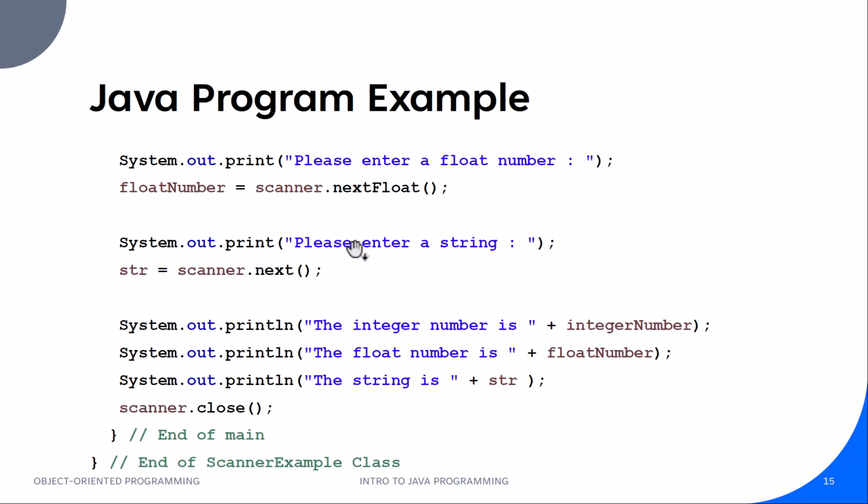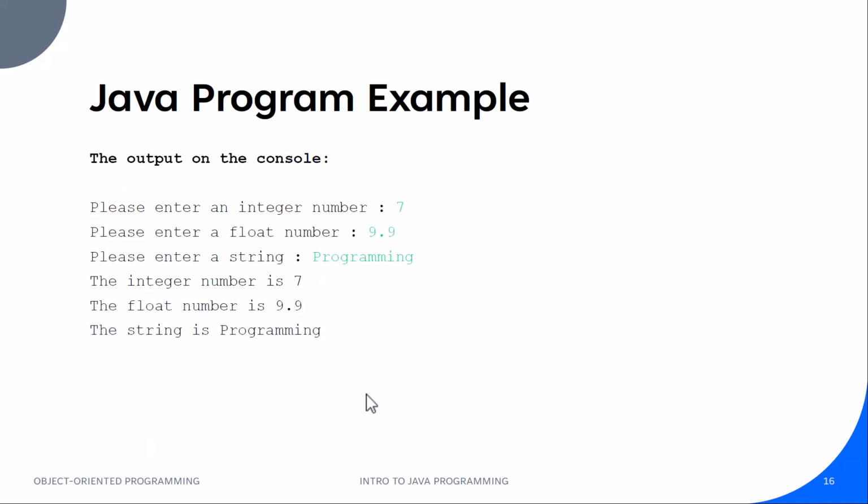Then I'm getting a string from the user, using scanner.next to get the string object from the user and assigning that input to the variable str. And then I'm printing these out onto the screen. And naturally, I'm going to close my scanner object using scanner.close.